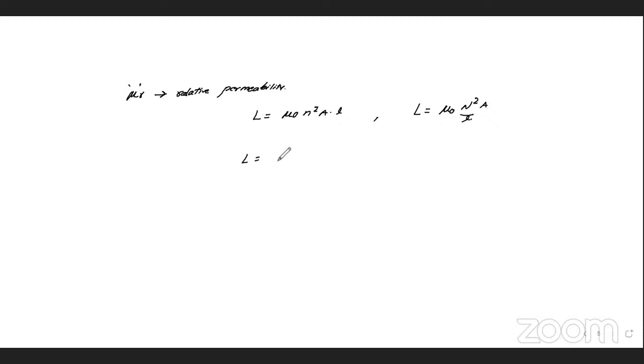So the relation will be mu naught mu r small n square l into A, or I can write the relation as mu naught mu r, capital N square by l into A. Remember this. So the self-inductance directly depends upon three things.